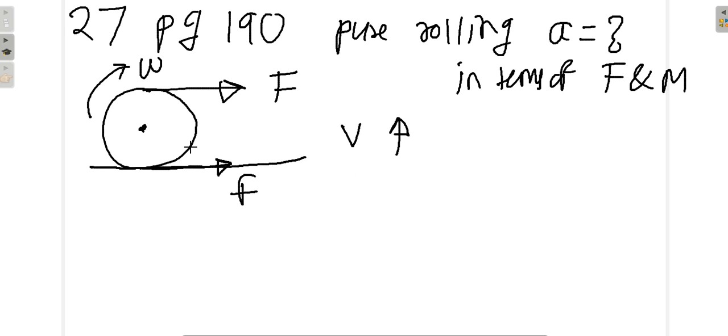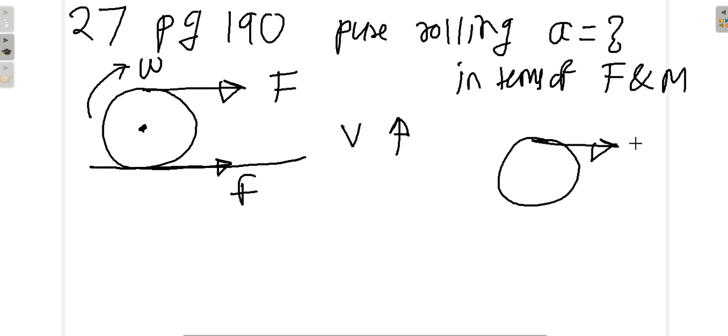At the same time, this force of friction will produce a torque at the center in the anti-clockwise direction, that is opposite to omega. And this F will produce a torque in the clockwise direction. So one will support, one will oppose, right? So this may increase the value of omega, this may result in decrease in the value of omega. That is one case.